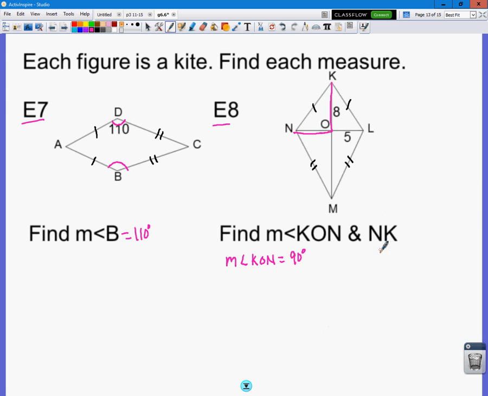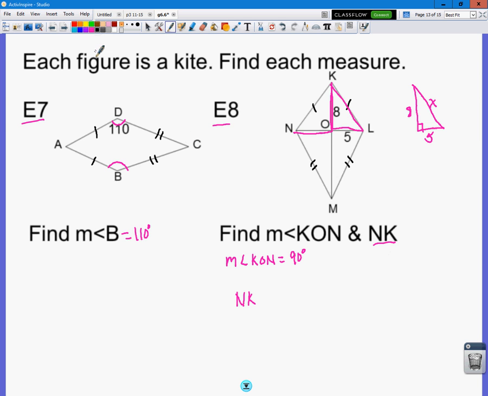The next thing they asked me to find was the length of NK. If I take this triangle and look at it, NK and KL are the same measurement. So if I pull this out and look at it, this is 5, this is 8, and this is what I'm looking for.